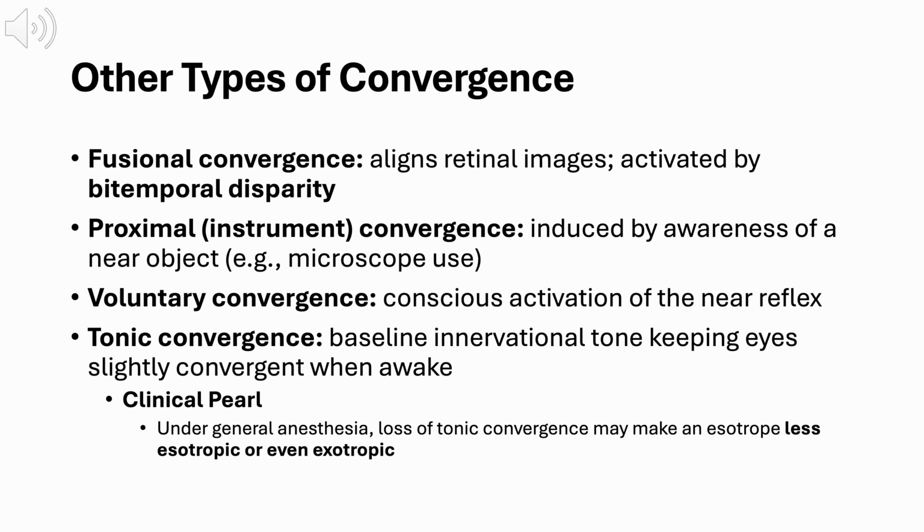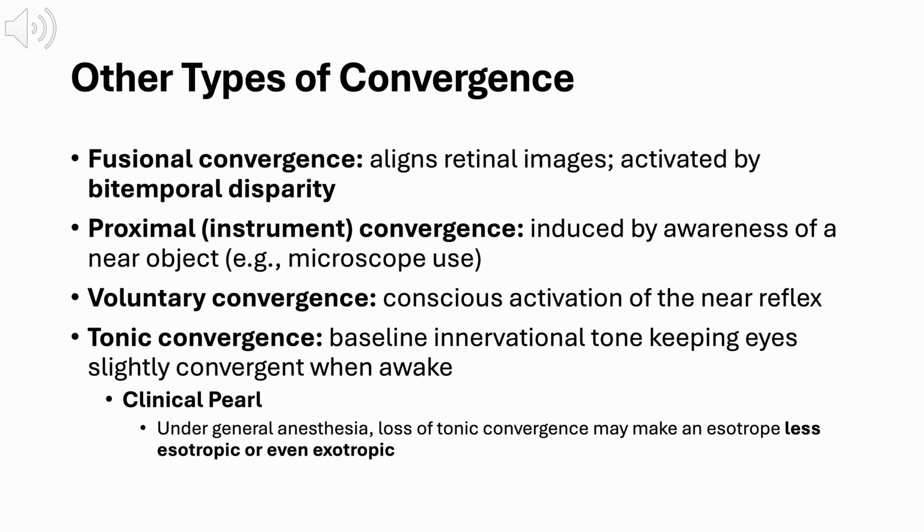Beyond accommodative convergence, there are several other mechanisms that help align the eyes. Fusional convergence is driven by retinal image disparity and fine-tunes alignment to maintain single binocular vision. Proximal, or instrument convergence, is triggered simply by the awareness that an object is near, something commonly encountered during microscope use.